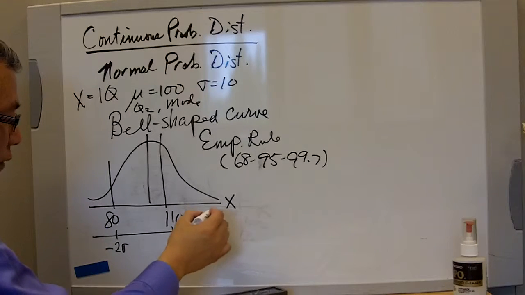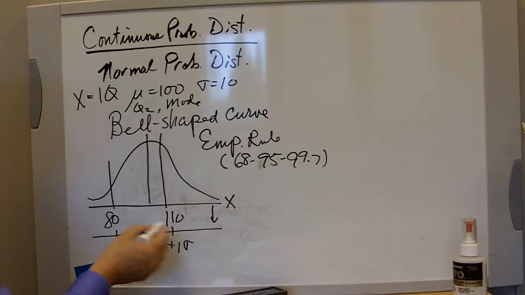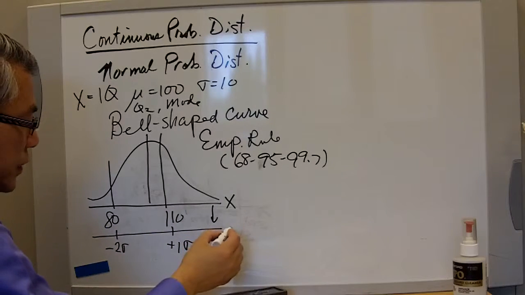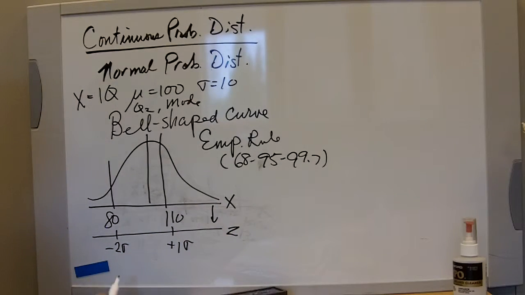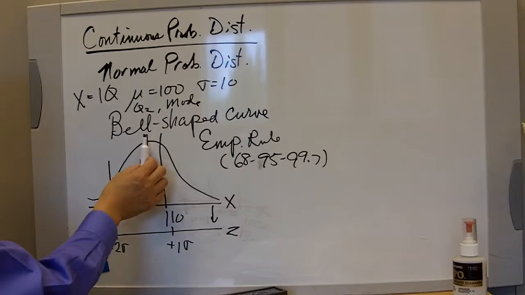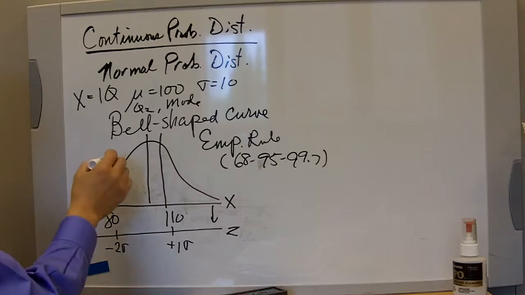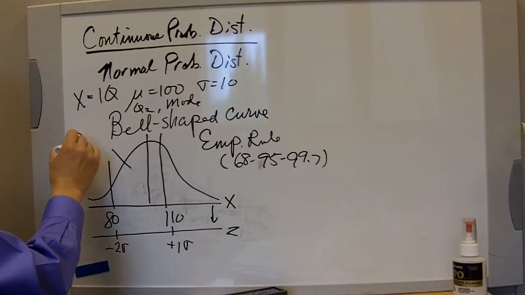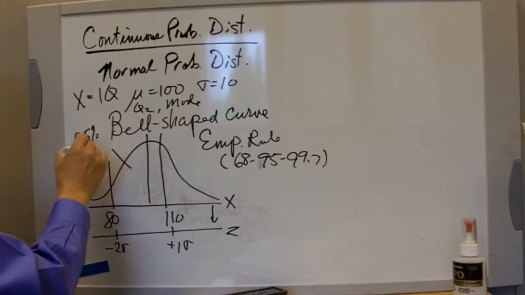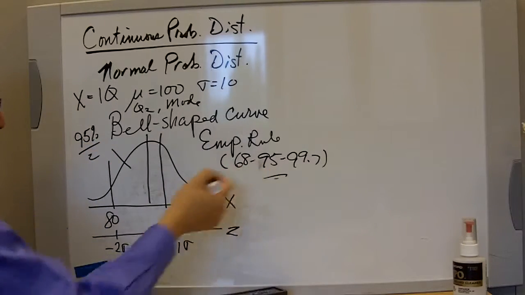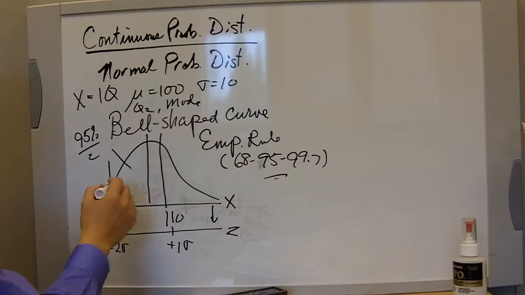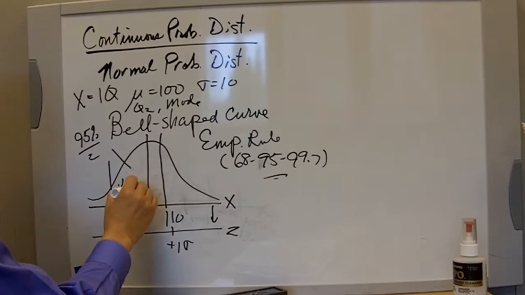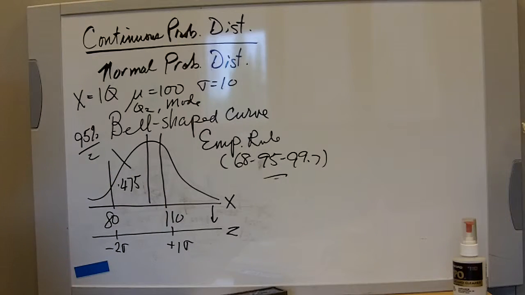We have actually just converted these two numbers into what we call the z-score. So we have a -2 and a +1. If you go -2, that would be pretty much the 95% divided by 2 according to the empirical rule, so that would be 0.475.